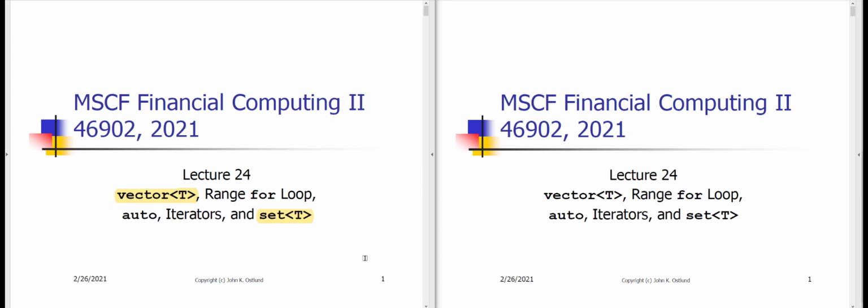And we're going to look at these two specific examples, vector and set. We're also going to talk about how to use something called a range for loop to step through all of the items that a container contains within it. Also, we're going to introduce the auto keyword, which you can use as a shorthand for typing out, or to avoid typing out, complicated data type declarations.